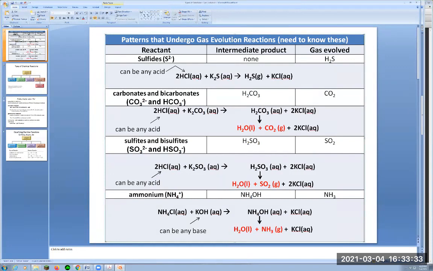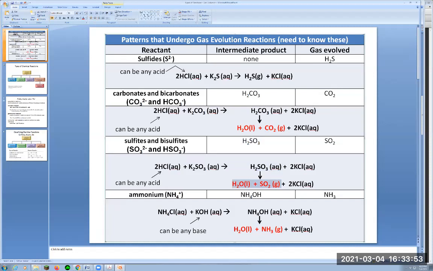Because this is a sulfite here, we change the ending to -ous, and that's going to be the sulfurous acid here. And the sulfurous acid is also unstable, and it decomposes into water again and sulfur dioxide.